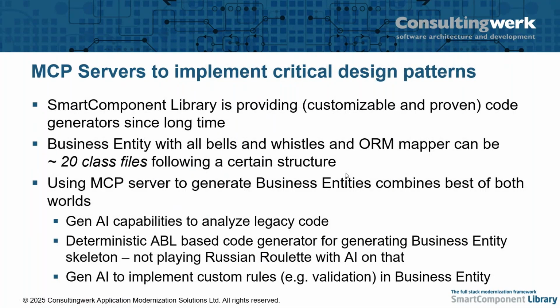Especially for writing or generating business entities, which is what I'm going to do in the next demo, we can really rely on the code generators that we have had in the product for a while. We use AI also to generate code. So it's not only that we have our own code generators, but for certain key areas, for certain skeletons where we know something needs to have a certain structure, we start with our generators and then we use AI to build the code within.